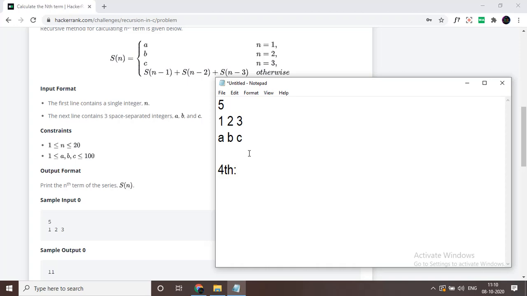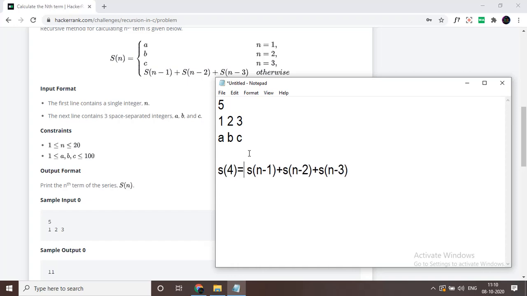To find the fourth term, I am going to write s of n minus 1 plus s of n minus 2 plus s of n minus 3. This is s of the fourth term.